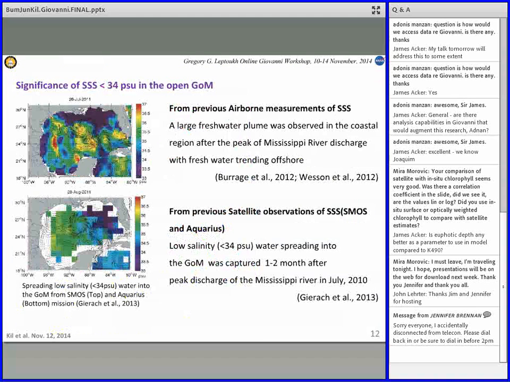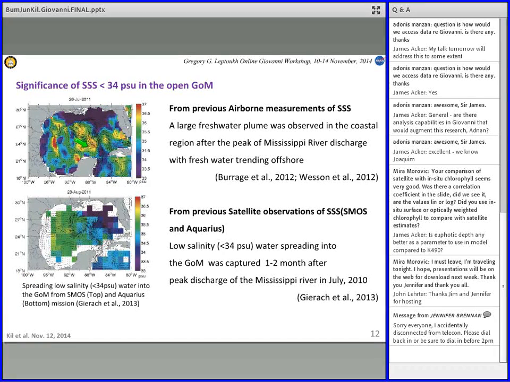Actually, the offshore movement of the river water out to the center of the Gulf of Mexico is a common event, because it was already introduced using SMOS and Aquarius satellite measurements.